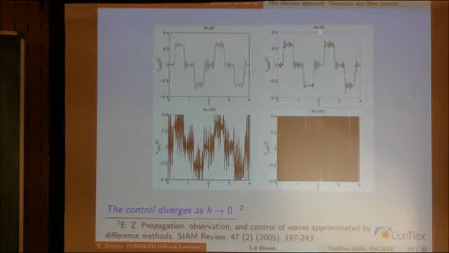I increase the number of nodes and I get something similar. I continue increasing the number of nodes, hoping that the simulation will converge. And what happens actually is that it's getting worse and worse. Once I get to 100, 200, I simply get wild oscillations, so meaningless. I get nothing. It's full of noise.